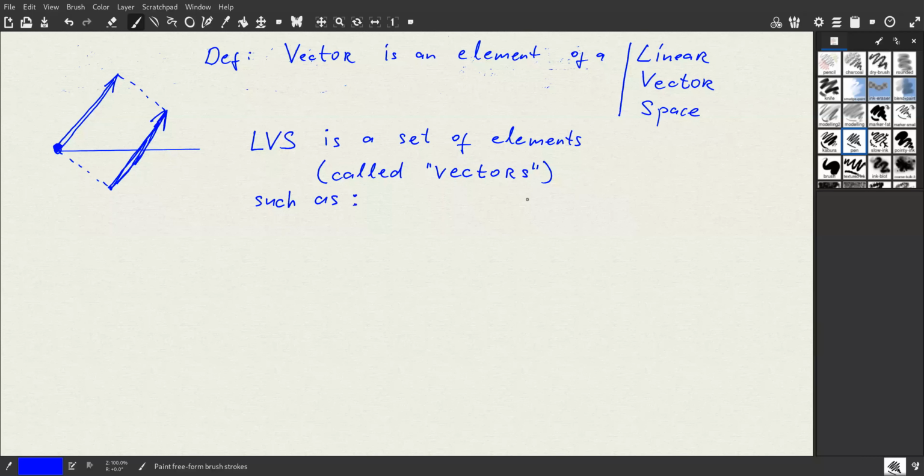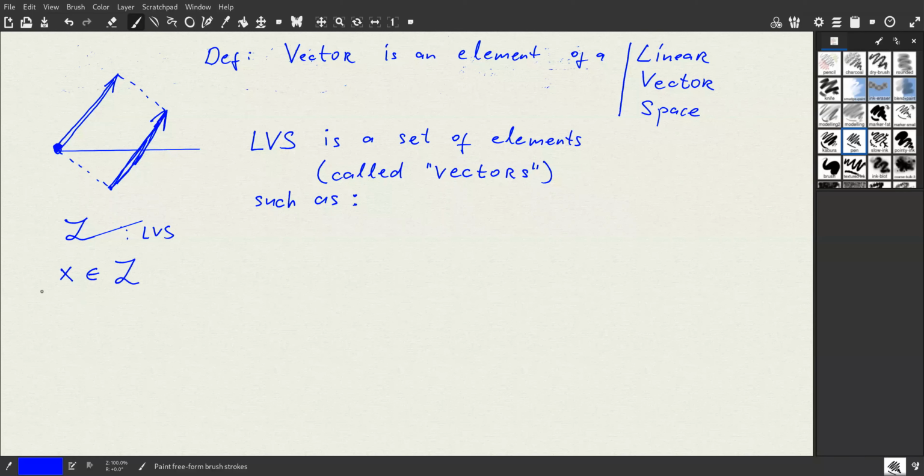Let me denote my linear vector space by, for example, L. L is a linear vector space. And let, for example, X be a vector of this linear vector space.